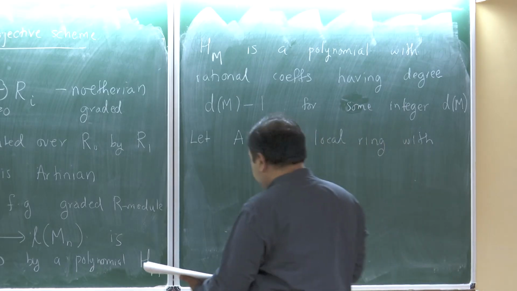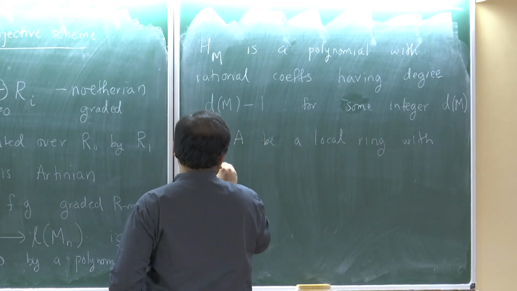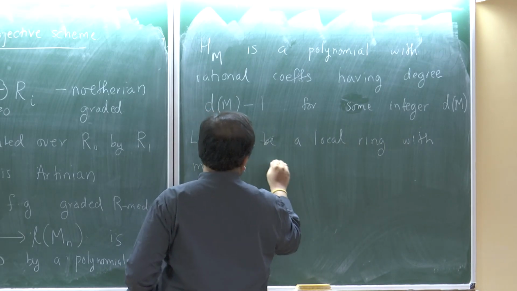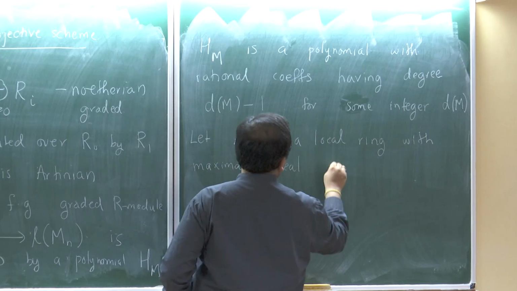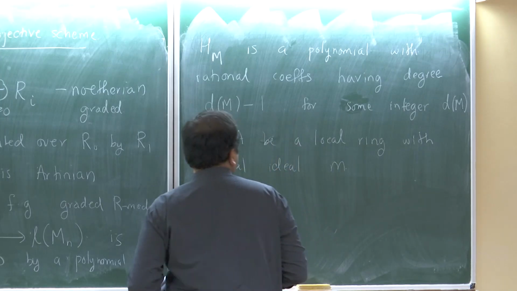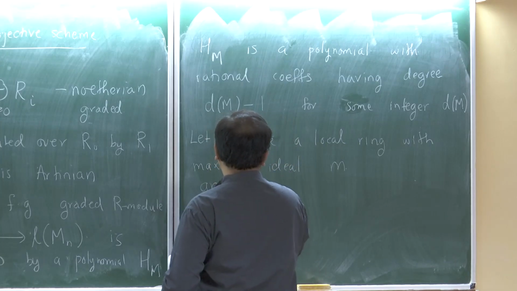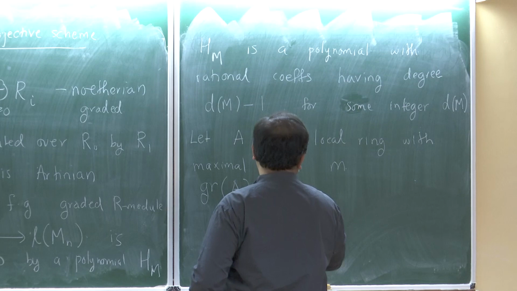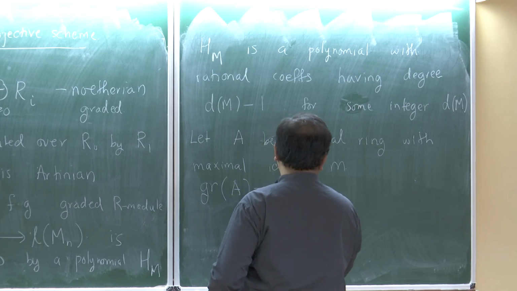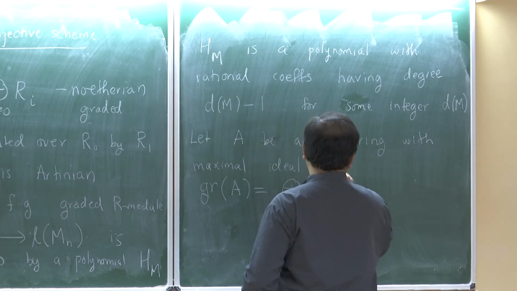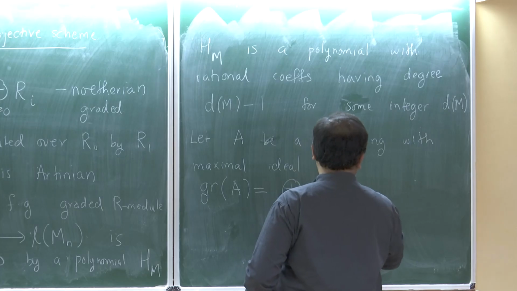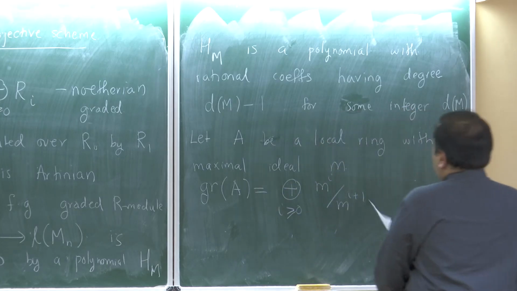with maximal ideal M. Then I can look at the graded ring gr A, which is the direct sum over i greater than or equal to 0 of M^i / M^(i+1).